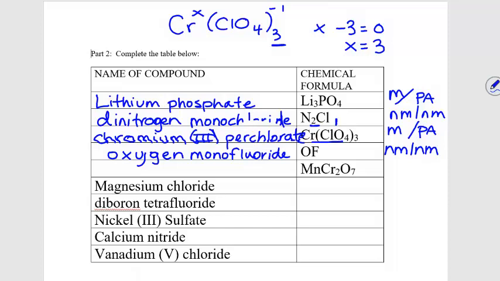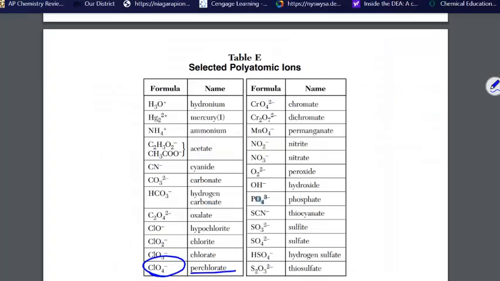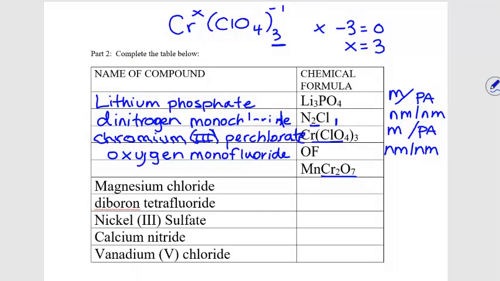All right, next one here we have MnCr2O7. I see 3, so we've got to find the polyatomic. This guy, Cr2O7 right here, is called dichromate. It has a -2 charge for future reference. So this is a metal. Mn is a metal with a polyatomic.